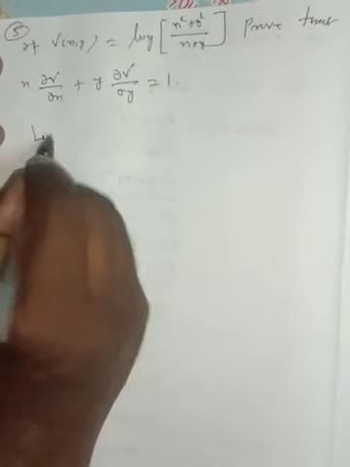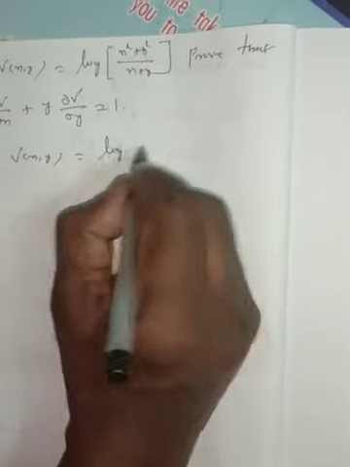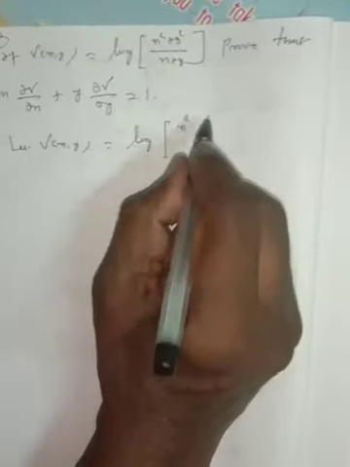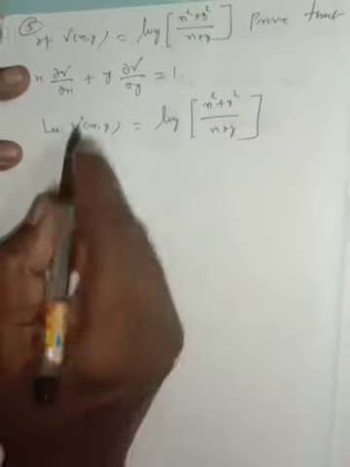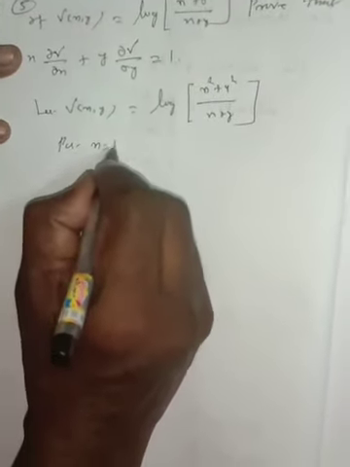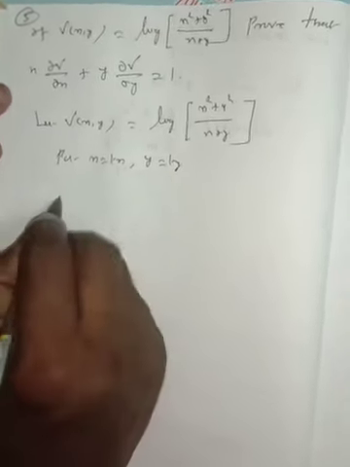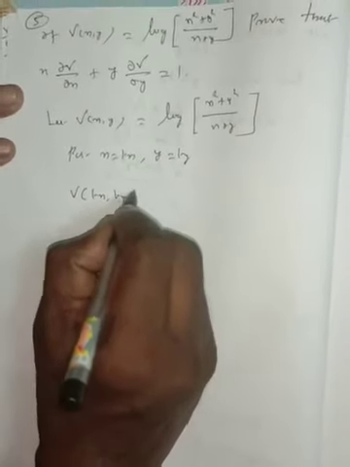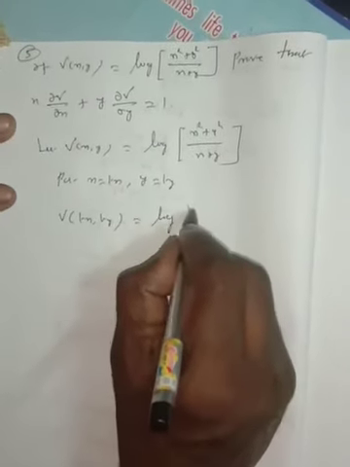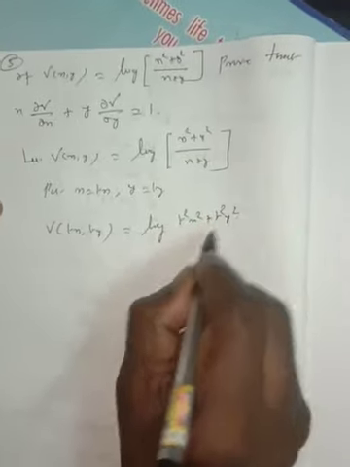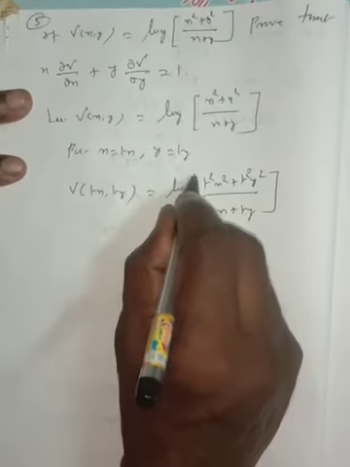Let v of x y is equal to log of x square plus y square divided by x plus y. Put x is equal to tx, y is equal to ty. v of tx comma ty is equal to log of t square x square plus t square y square divided by tx plus ty.